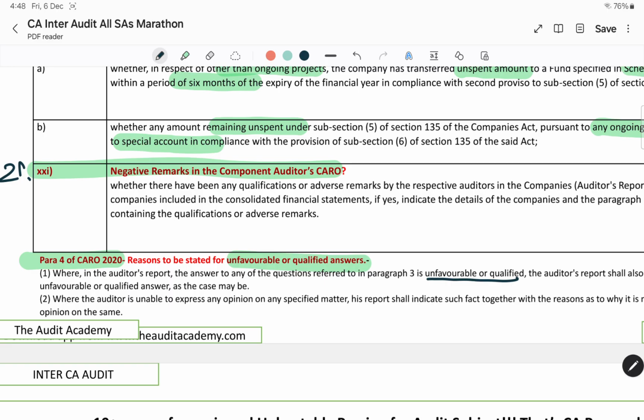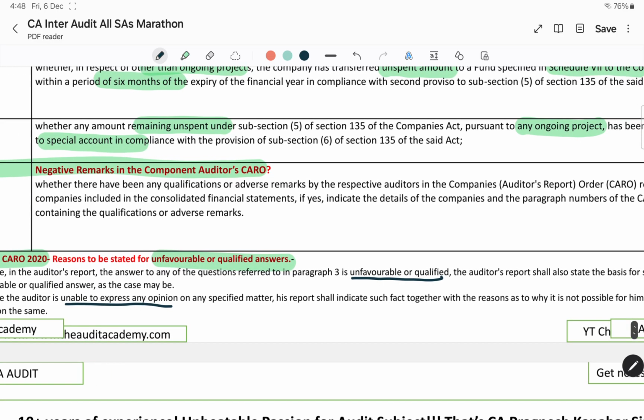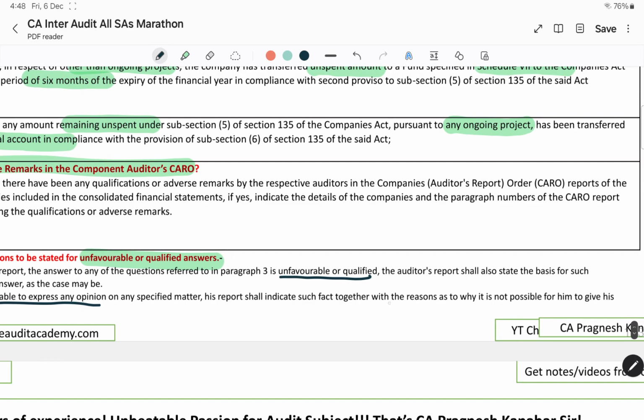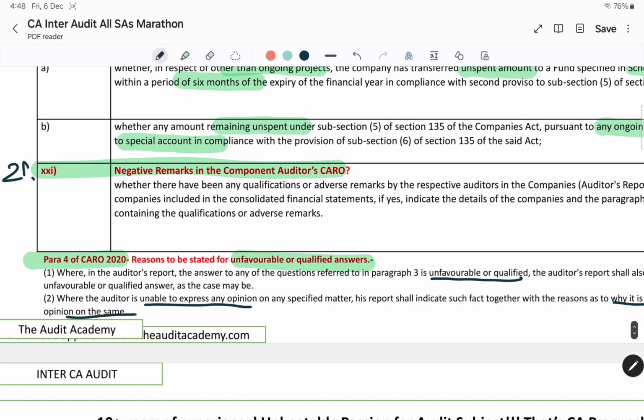And where the auditor is unable to express any opinion on any specified matter, his report shall indicate such fact together with the reason as to why it is not possible for him to give his opinion on the same.